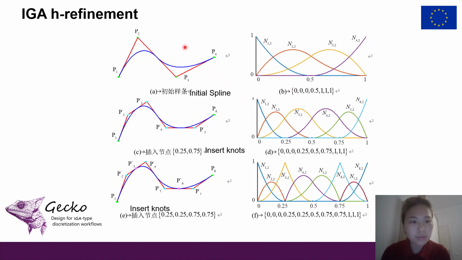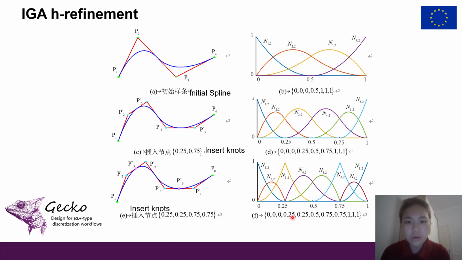Here I want to introduce the IGA h-refinement and its characteristics. H-refinement involves refining the mesh by inserting new knots, for example here. For a degree 2 spline, knot insertion adds new knots, increasing the number of elements here from 2 elements to 4 elements, but it doesn't change the curve shape.